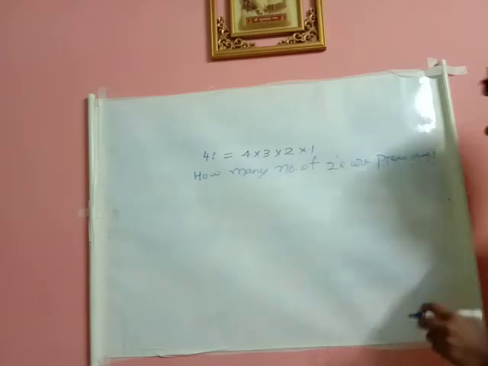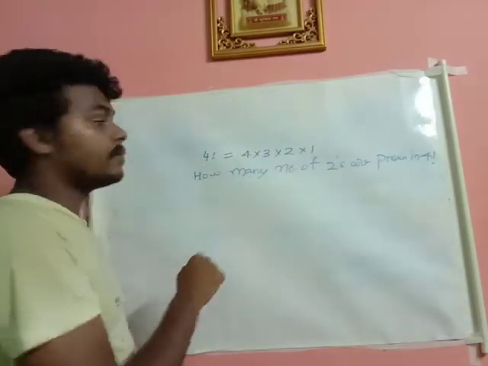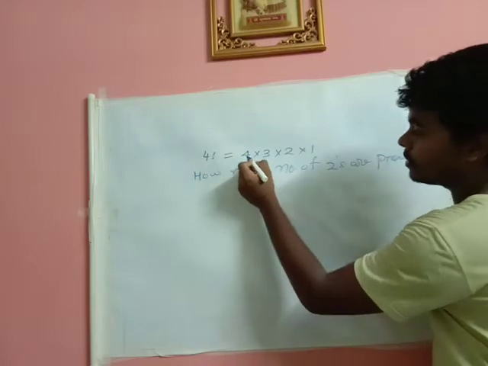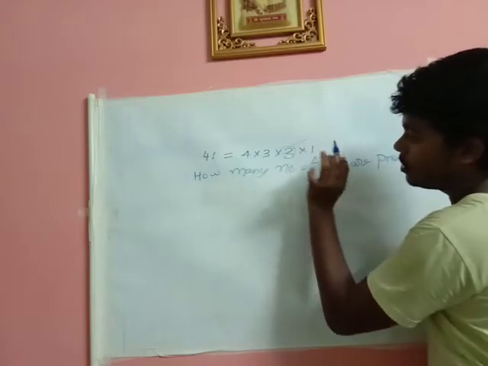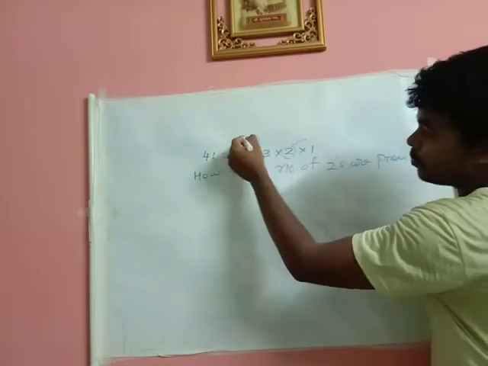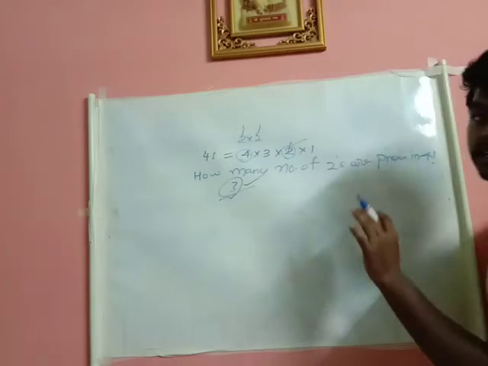Now see, this is one 2. Can I write 4 as 2 into 2? So now one, two, three. So the number of 2's available in 4 factorial is 3.